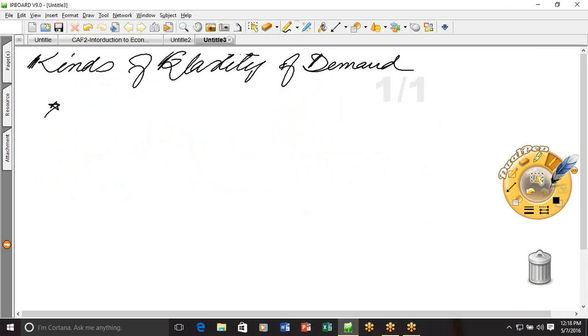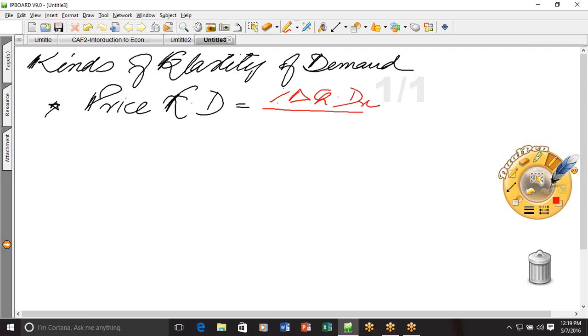Kinds, basically three. One is price elasticity of demand, where the percentage change in quantity demand of a product is due to the percentage change in price of its own.